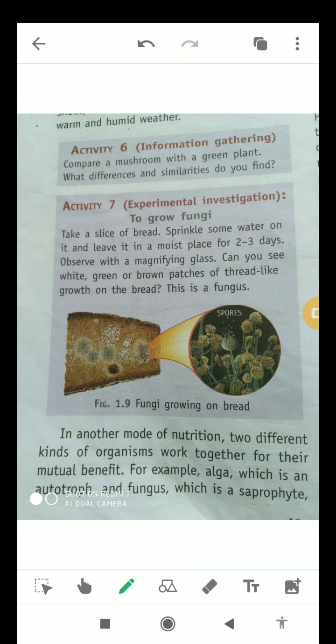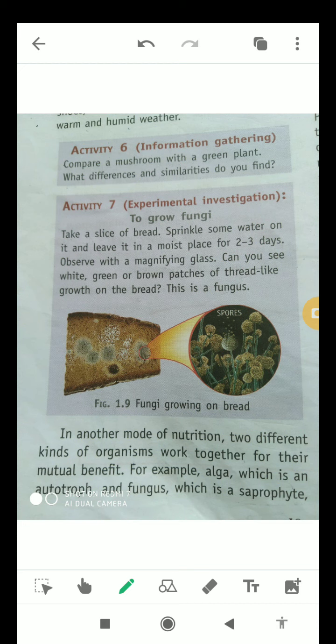As you can see in this picture of activity 7, fungi grow on a stale bread, and the fungi are seen in the form of spores if you see them under an electron microscope.